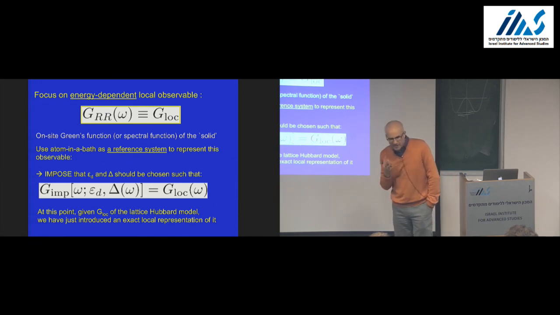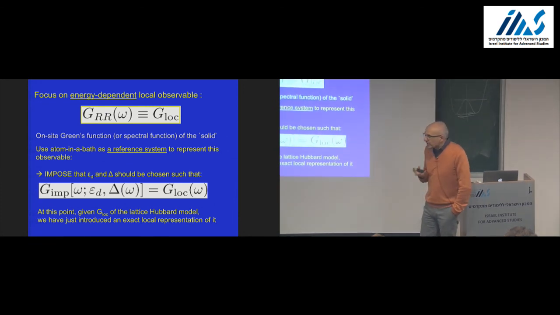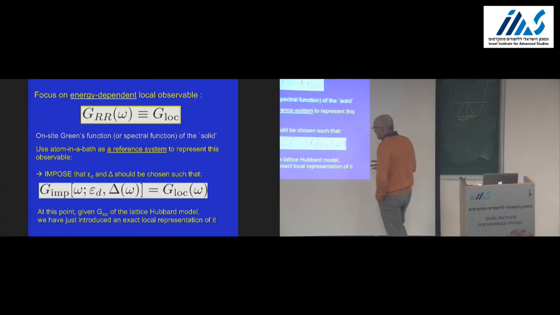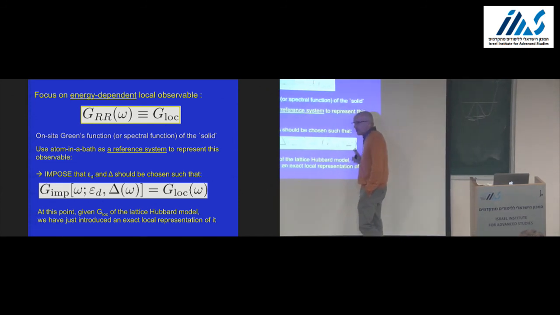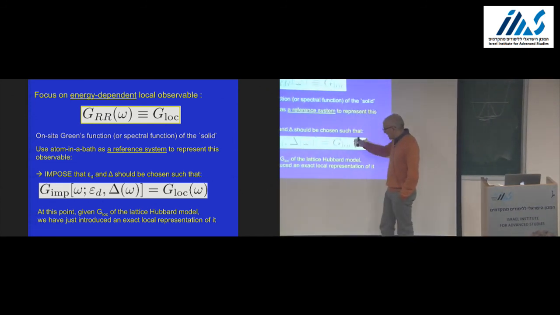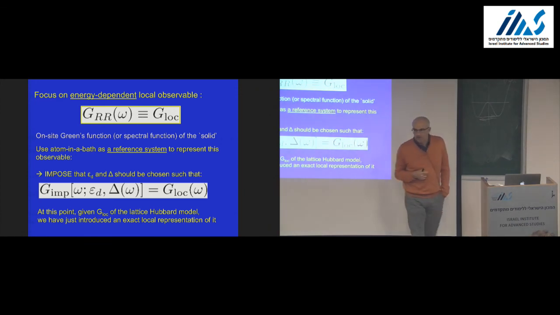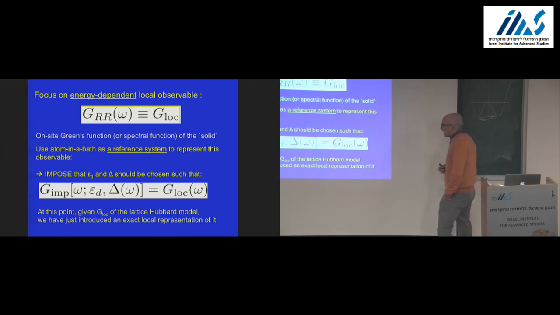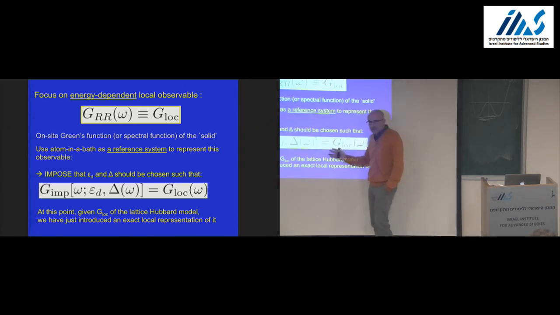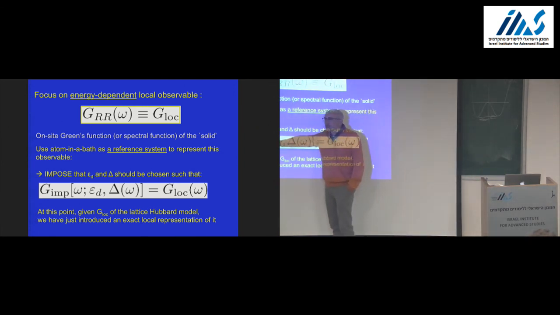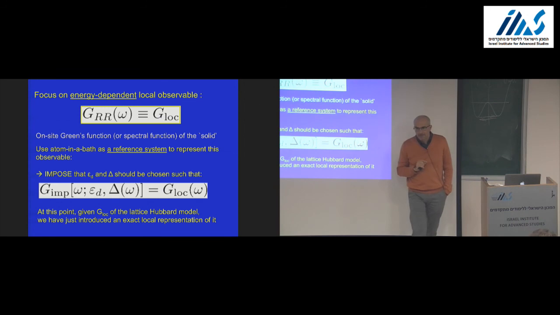Some really clever guy. Let me call this G local of omega. This is the Green's function on a given site of, say, the three-dimensional Hubbard model, right? You could say, can I represent this object as the solution of an Anderson impurity problem? Well, yes, you can. You just have to pick the correct delta of omega.